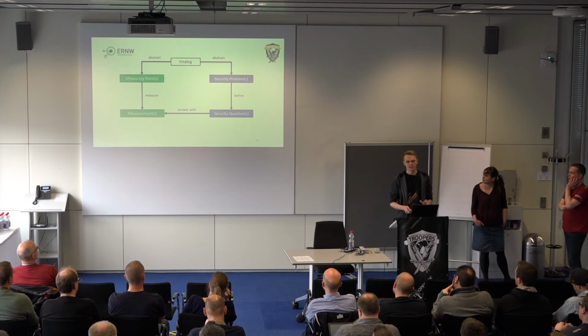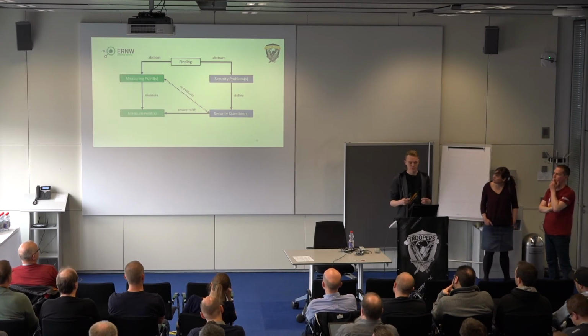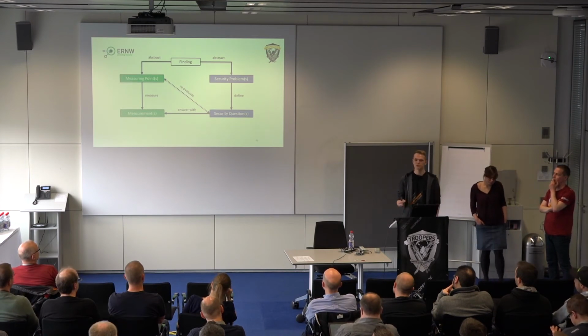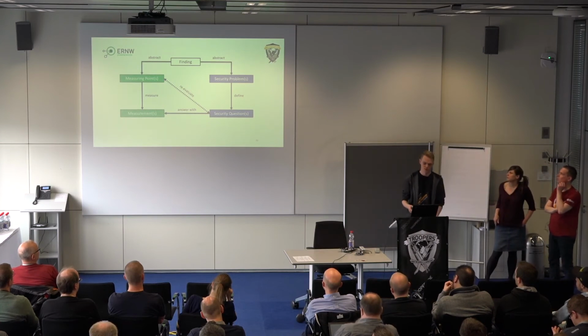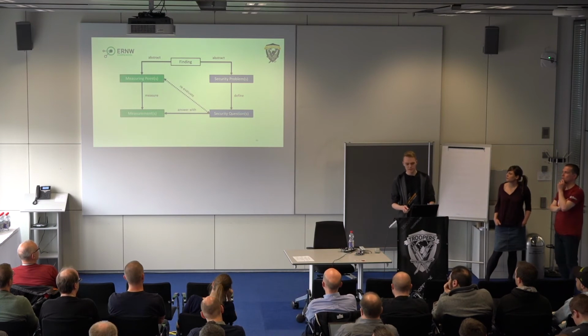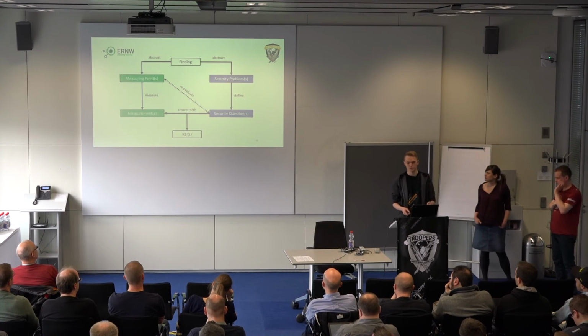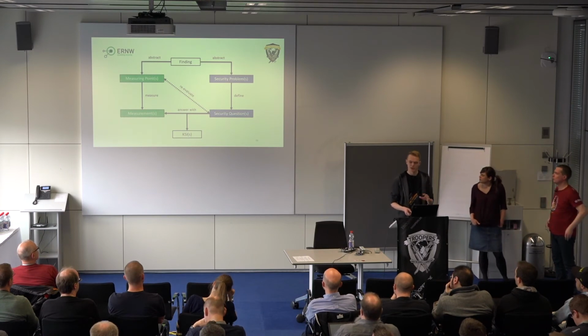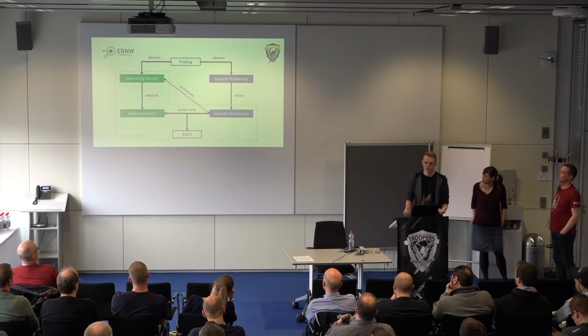And in many cases, this is not possible after the first definition of your security questions and measuring points. So you have to reevaluate both. You have to look at your questions and you have to look at your measuring points. And at the end, if it works out and you can answer your security questions with your measurements, you have your KSIs. This is a very abstract definition of the whole process. And all that you see on the left and at the bottom, this is the actual security metric that you develop.